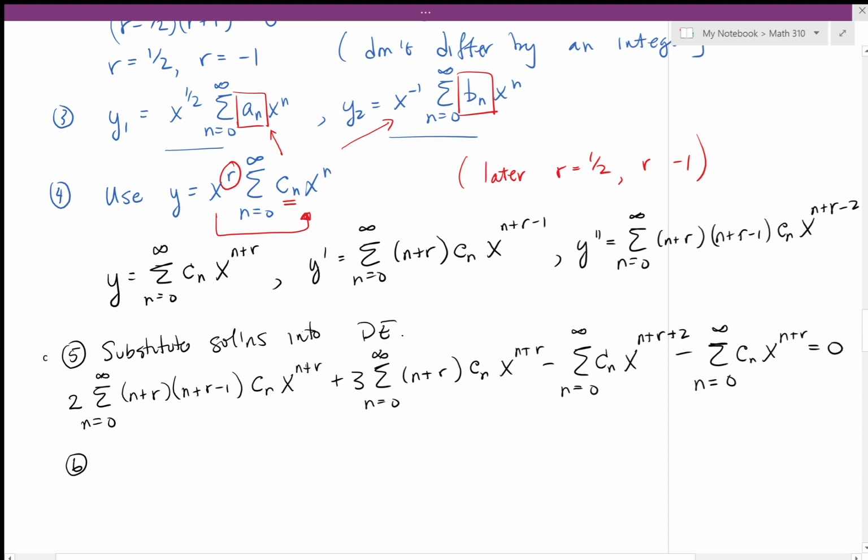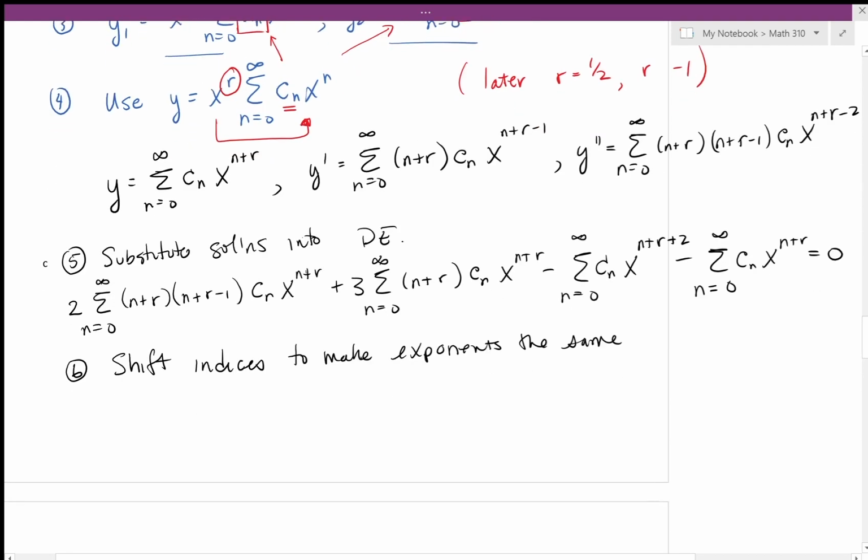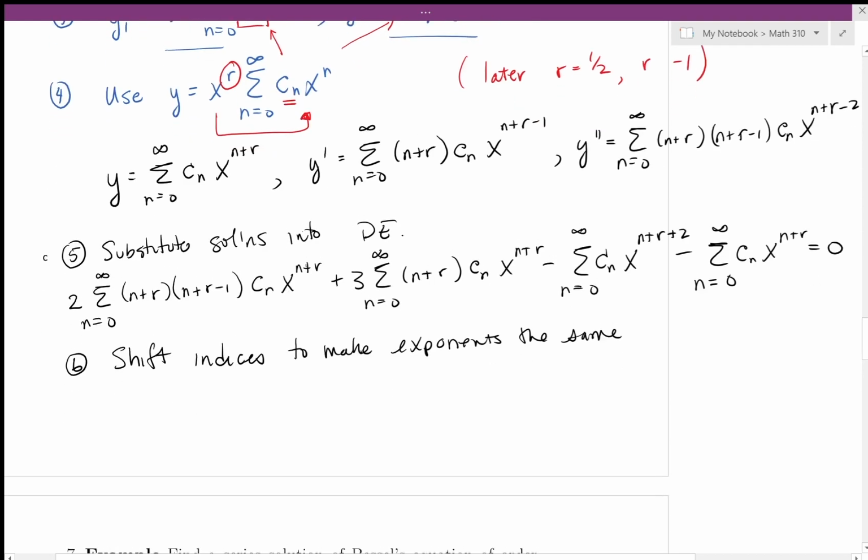The next step is to shift the indices to make the exponents the same. Okay, so I will do that, and we'll get this here.